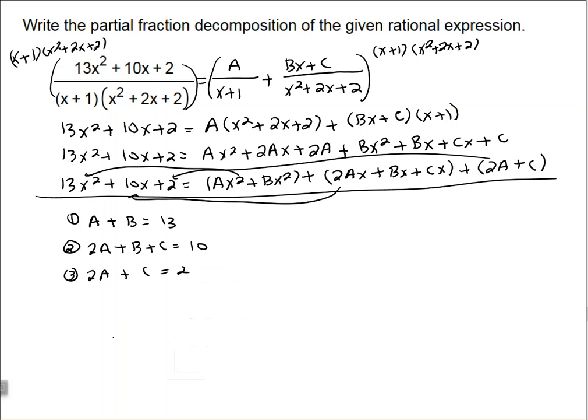Alrighty, now we want to solve this system. So I'm going to eliminate a. I'm going to eliminate a in equations 1 and 2. And then equation maybe 1 and 3, but we'll see. Let's start off with 1 and 2. So I have 1a in equation 1, but I have 2a in equation 2. So I need to multiply equation 1 by negative 2.